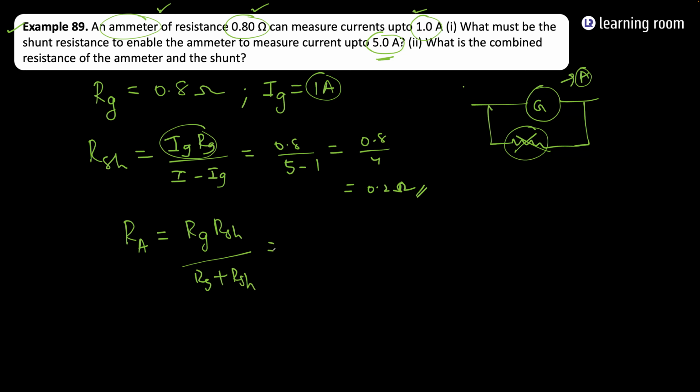What is Rg? 0.8 into 0.2 divided by 0.8 plus 0.2, which is 1. It will be 0.16 ohm. Okay. Two decimals, sir. Okay, so 0.161. Fine.